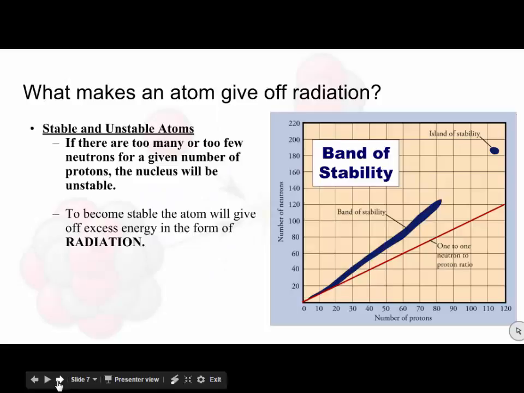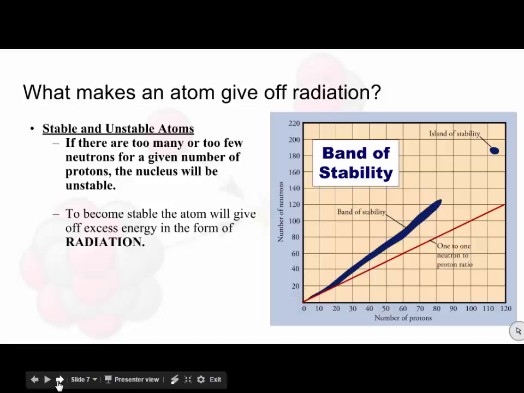So what makes an atom want to give off radiation? Why are atoms radioactive? It has to do with the ratio of how many protons to neutrons are in the atom. If we think about the nucleus of an atom, all these positive charges are next to one another, and they want to pull apart. Positive against another positive, they're going to want to repel one another.